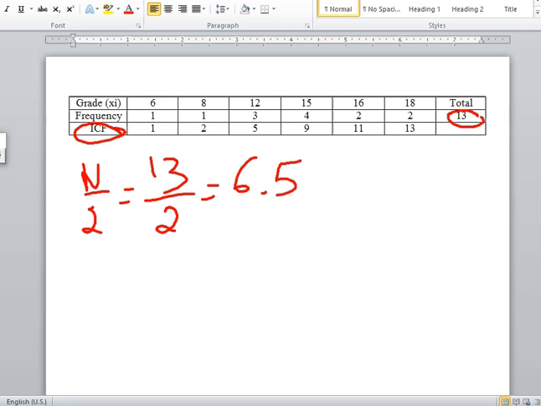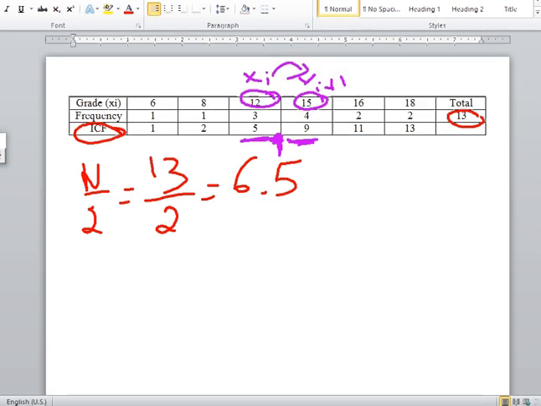It lies between 5 and 9, right? 6.5 is between these two numbers. And these two numbers correspond to which xi's? They correspond to 12 and 15. So this is xi, this is xi plus 1, the next to it.